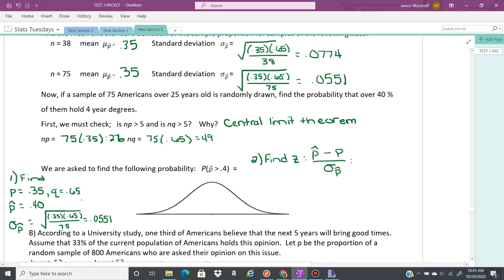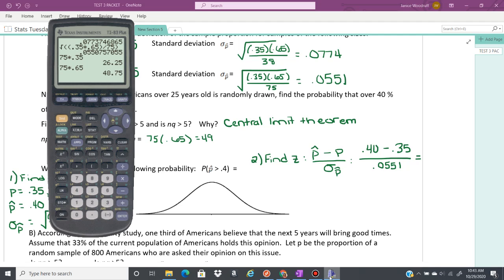So p hat is 0.4, p is 0.35, and our standard deviation we found to be 0.0551. Let's find that z-score. So 0.40 minus 0.35 divided by 0.0551 gives us 0.9074.